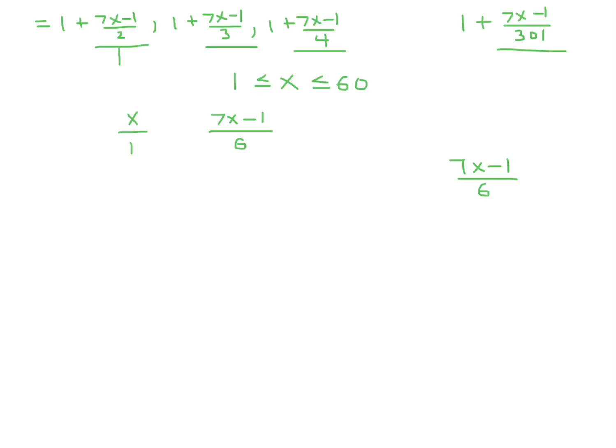This is (7x minus 1)/2. This is (7x minus 1)/3, (7x minus 1)/4. Eventually you get (7x minus 1)/6, right? And when this becomes 6, this will become 6 over 6. Is that in lowest terms? No, it's not. That's not in lowest terms because both top and bottom can be divisible by 6. When eventually it just gives a 1. So 1 is out. 1 as a possibility for x in this range is out.